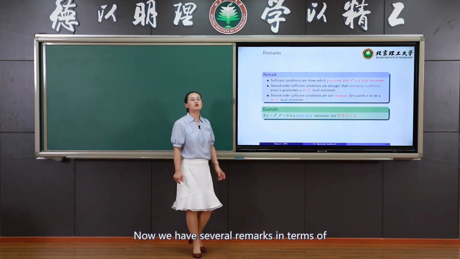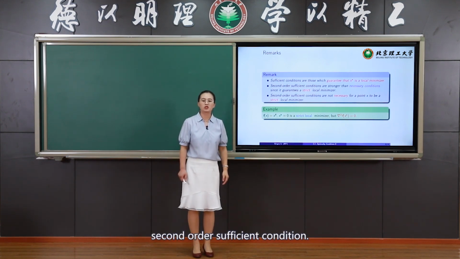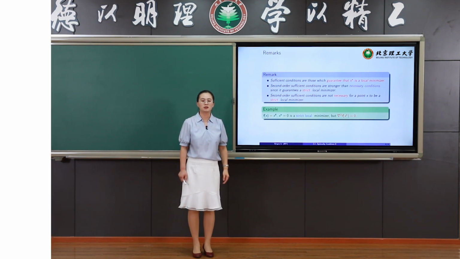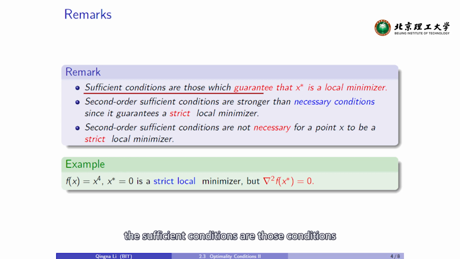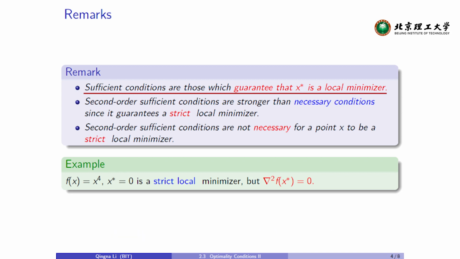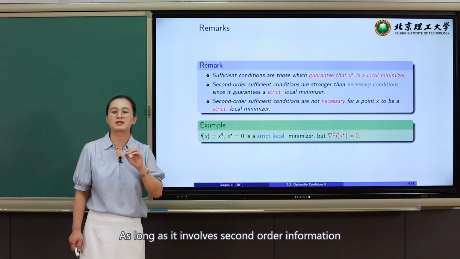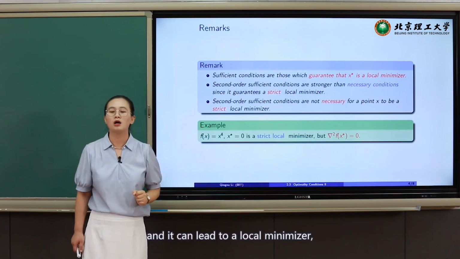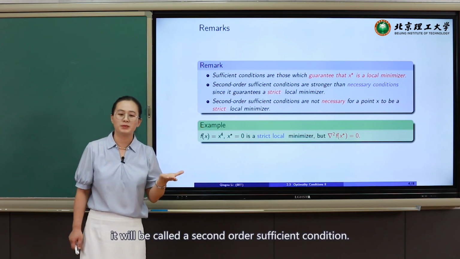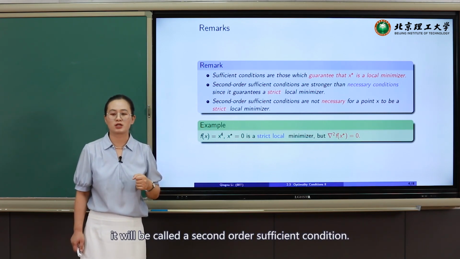Now, we have several remarks in terms of the second order sufficient condition. The first one is that sufficient conditions are those conditions under which we can guarantee to find a local minimizer. So there may be different types of second order sufficient conditions. As long as it involves second order information and it can lead to a local minimizer, it will be called a second order sufficient condition.